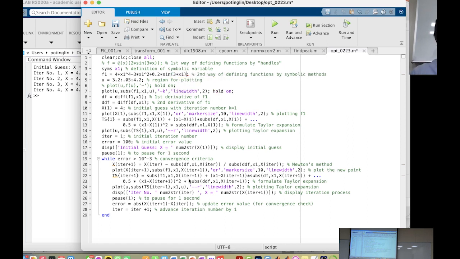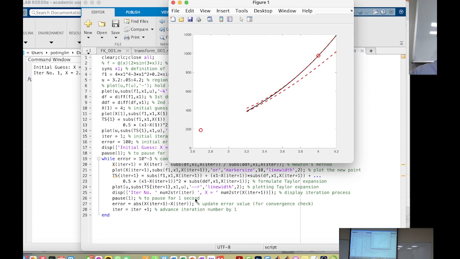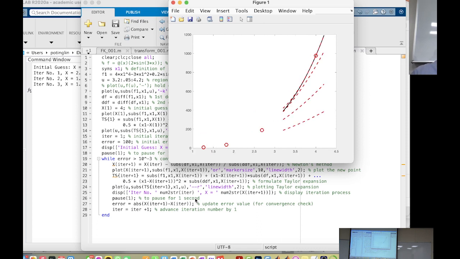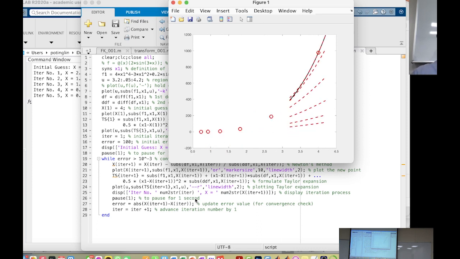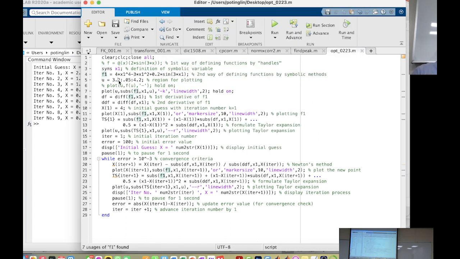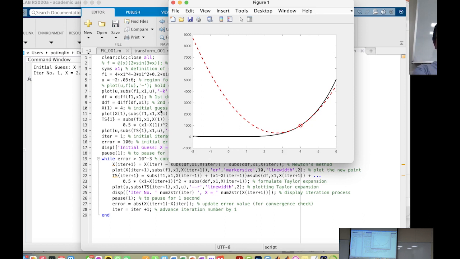Just some random equation. Okay, the solution is somewhere else. So I should plot out the whole thing in a different region. So for example, from -2 to 6. So the real function looks like this. Very flat.